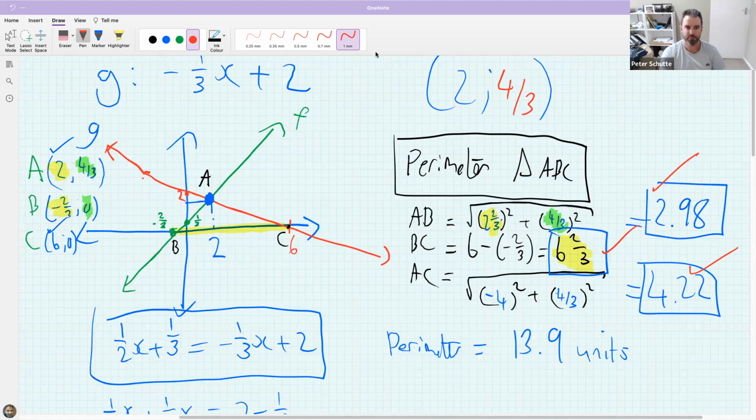Okay, now before we move on to a second type of question, I want to bring in a little bit of something called the angle of inclination. Who can put their hand up and tell me what the angle of inclination is when I talk about straight lines?